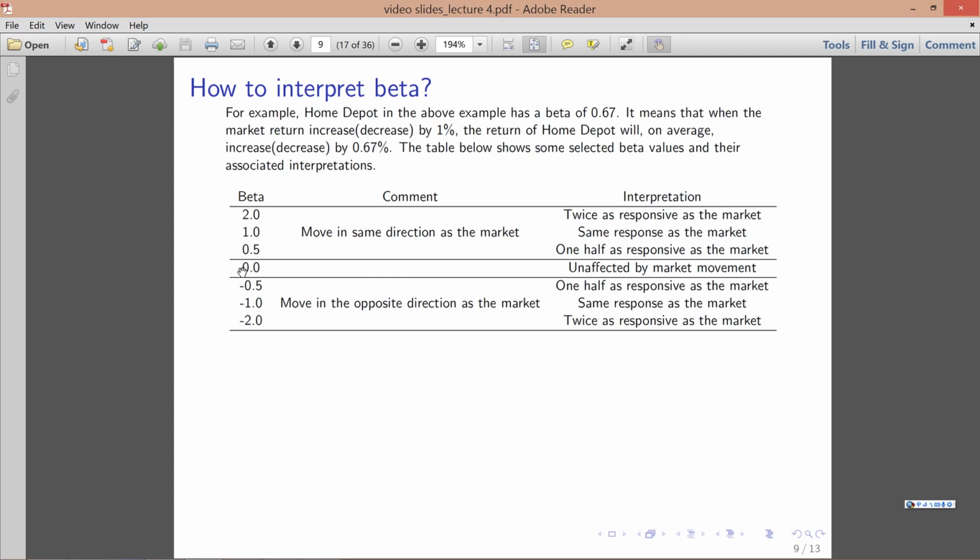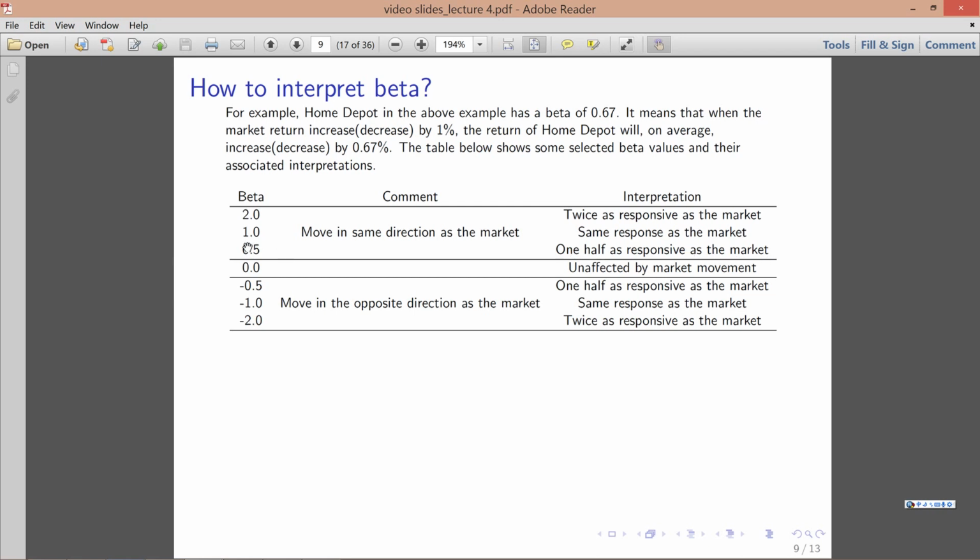So when beta equals 0, that means this asset is not affected by the market movement, because when the market moves, let's say by 1%, this asset moves by 0. And 0.5 indicates that this asset is half as responsive as the market.